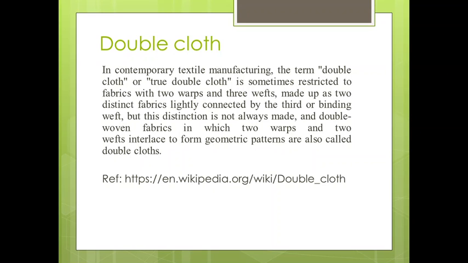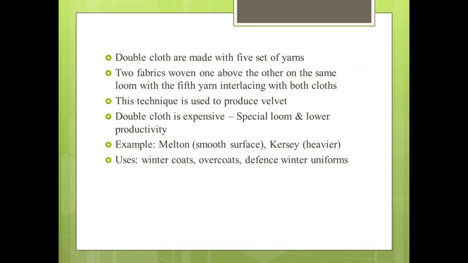These 2 warp and 2 weft are creating double cloth, and the third category of yarn is stitching these 2 fabrics. So here it is mentioned again, these are made with 5 sets of yarn, 2 fabrics woven one above the other on the same loom, with the 5th yarn interlacing with both cloths.